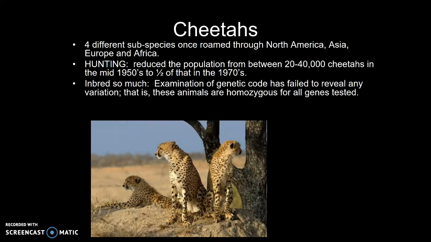That's the only place that they are found, and they have been inbred so much that, again, these animals are also genetically identical to one another. They are so genetically identical that they can take skin from one cheetah and graft it onto another cheetah, and the new cheetah will not reject that tissue as being foreign.